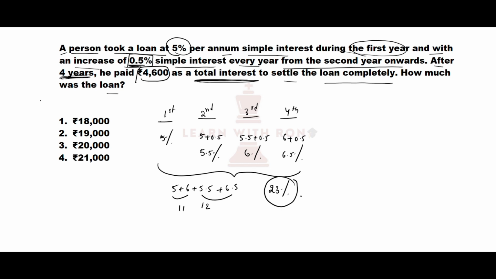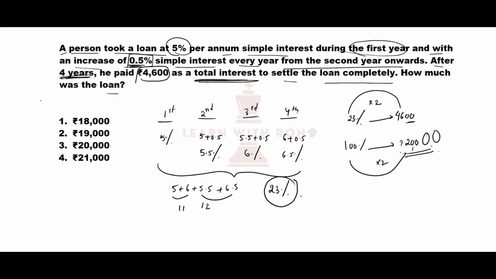So this 23 percentage they have given as 4,600. So they asked us to find 100 percentage. See here, 23 2s are 46 and 2 zeros. Similarly, 100 2s are 200 and 2 zeros, which is 20,000, our answer, which is option number 3 here.